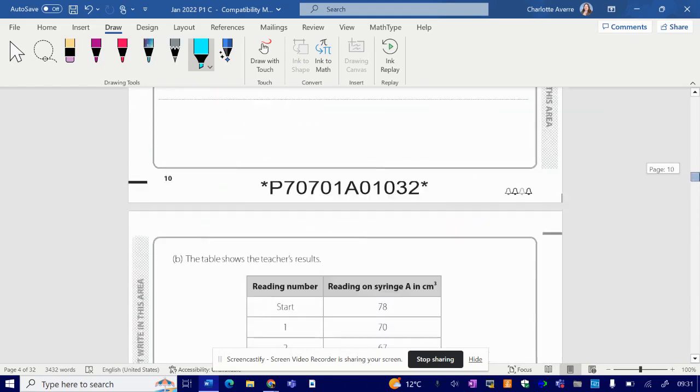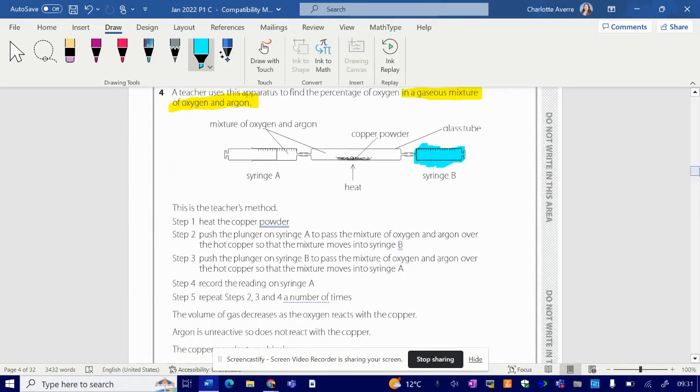Apologies, in the glass tube and the connecting tubes. So not in the syringes. In the glass tubes and the connecting tubes is 175. Okay, so contained in all of that, we've got 175 centimetres cubed.